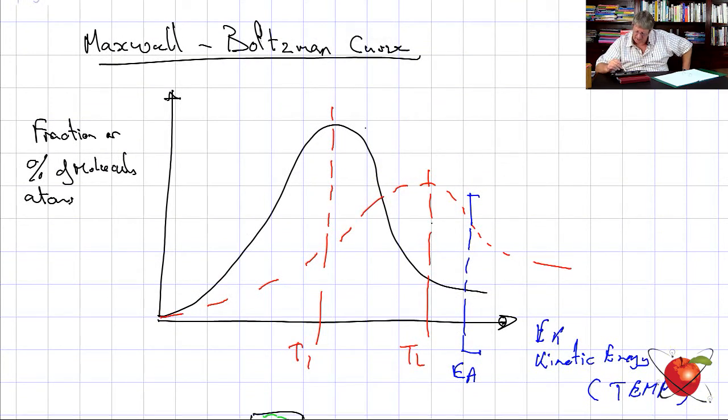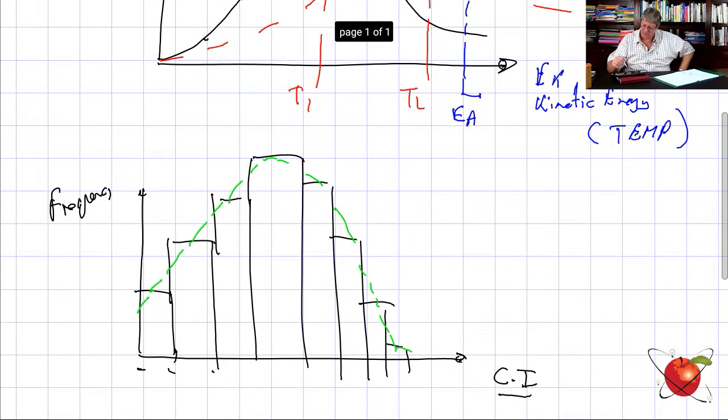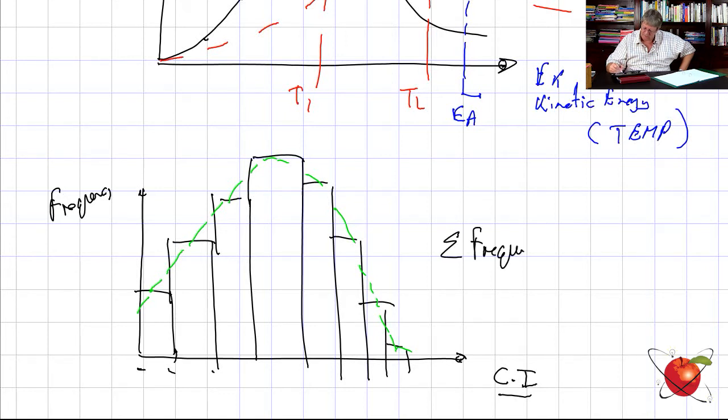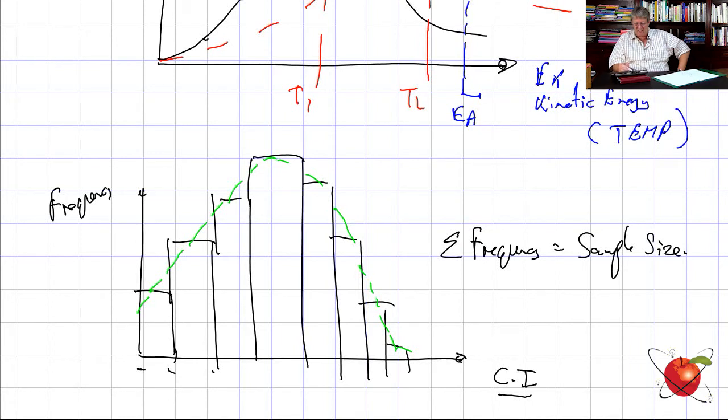If I now go back down and examine our graph, what I've done here is this represents the energy of molecules. Some of them have very little, some of them a lot. But remember, the sum of the frequency must be equal to my sample size, because I'm adding up all of them.